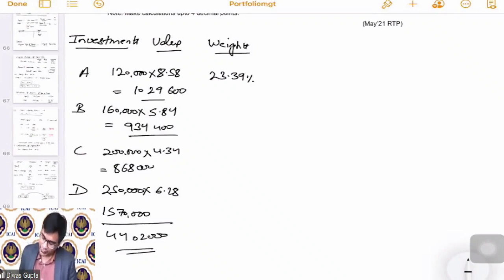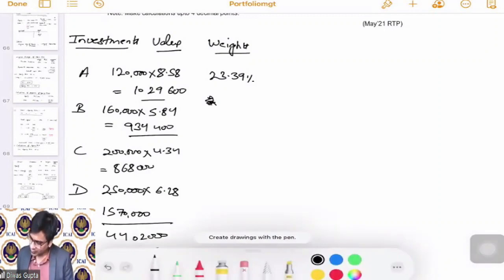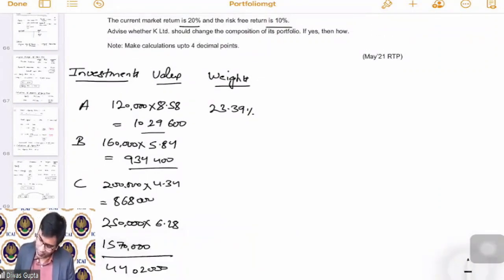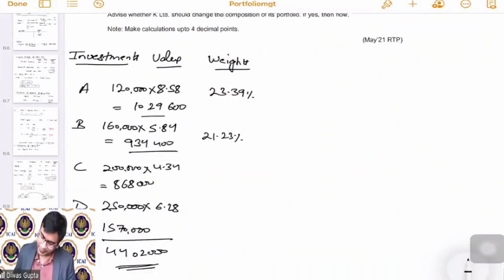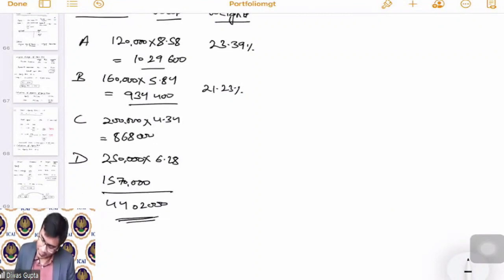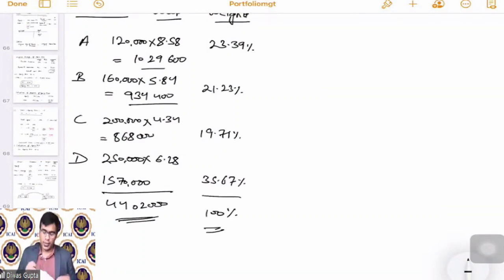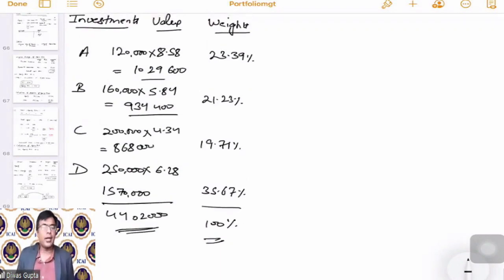Similarly, 9,34,400 divided by 44 lakh comes out to be 21.23%, then 19.71%, and similarly 35.67%. This all is equal to 100%, the total. So as a first step, we have calculated the weights.